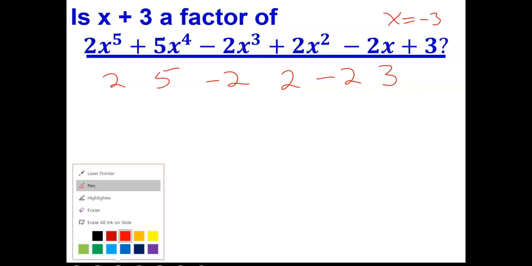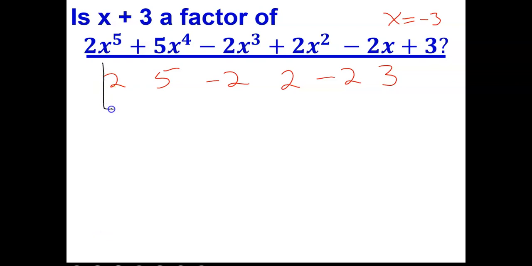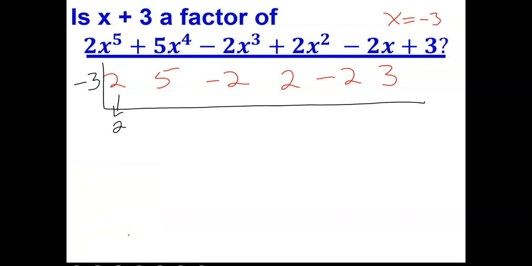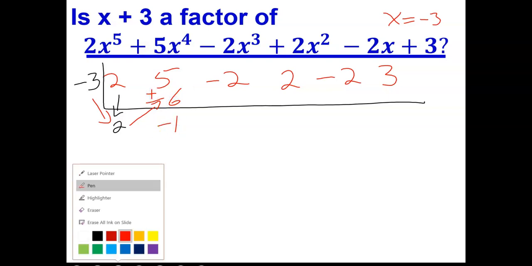And then we are dividing by negative 3. So we drop down 2. Then negative 3 times 2 gives us negative 6. We add, we get negative 1.